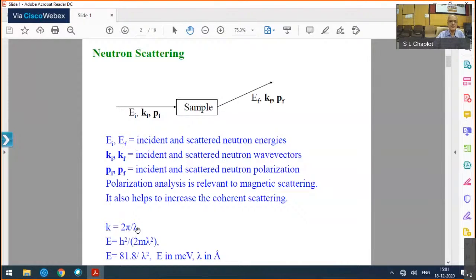So the velocities of neutrons are typically a kilometer per second. So these are not relativistic particles. And so the energy is momentum squared divided by twice the mass. So it is h cross squared k squared over 2m. Numerically, for a lambda of around 1 angstrom, the energy is about 80 millijoules.